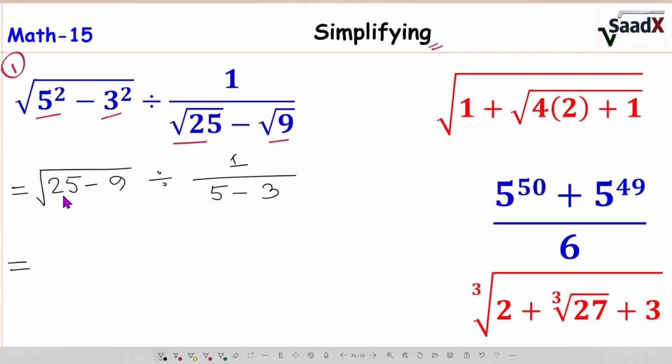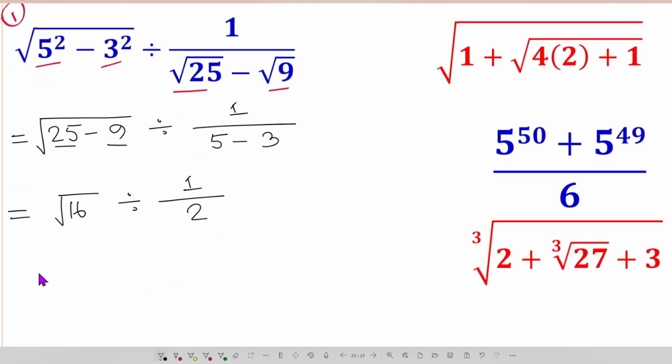Then 25 minus 9 is 16, and also square root, divide 1 by 5 minus 3. 5 minus 3 means 2. Now look, root 16 means 4, divide 1 by 2.